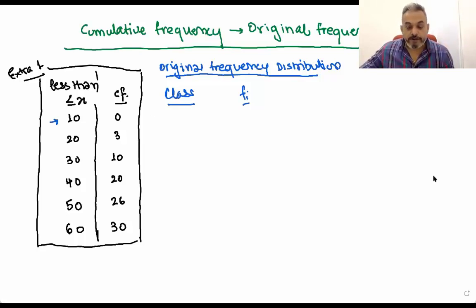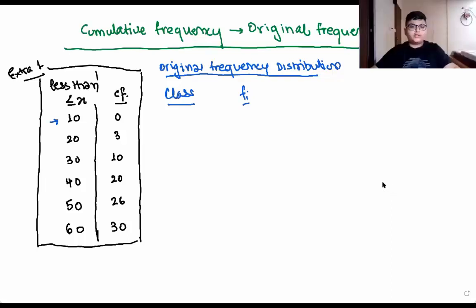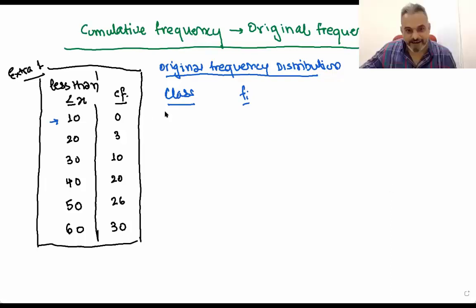Now less than 10 there are 0, less than 20 there are 3. So what will our first class be? 0 to 10 or 10 to 20? 10 to 20. Absolutely correct.